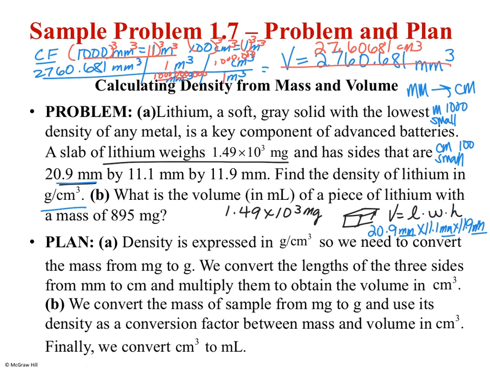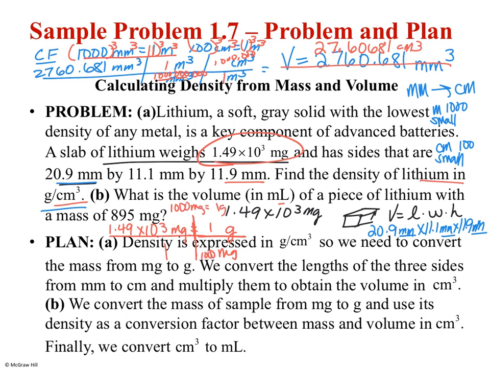So we just figured out the volume, the size. Find the density of lithium in grams per centimeter cubed. Well, we also got to convert milligram into gram. You've got to do it like this: milligram on the bottom and gram on top. 1,000 milligrams equal 1 gram.